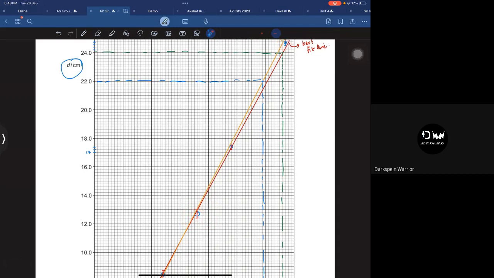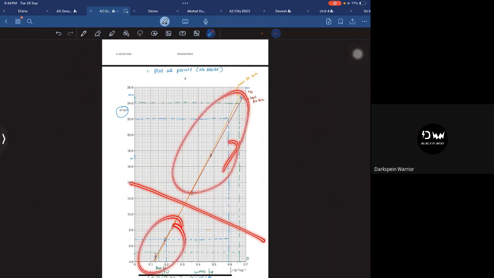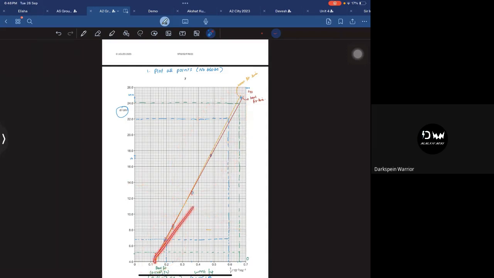Do you get it? So how to draw the best fit is that your points should be equally divided above and below the line, and it should be closer to the line as well. Like you can't say this is a best fit line because there are 3 up and 3 below, but you have to also see that the line has to be close to all points as well. Get it? Yes.